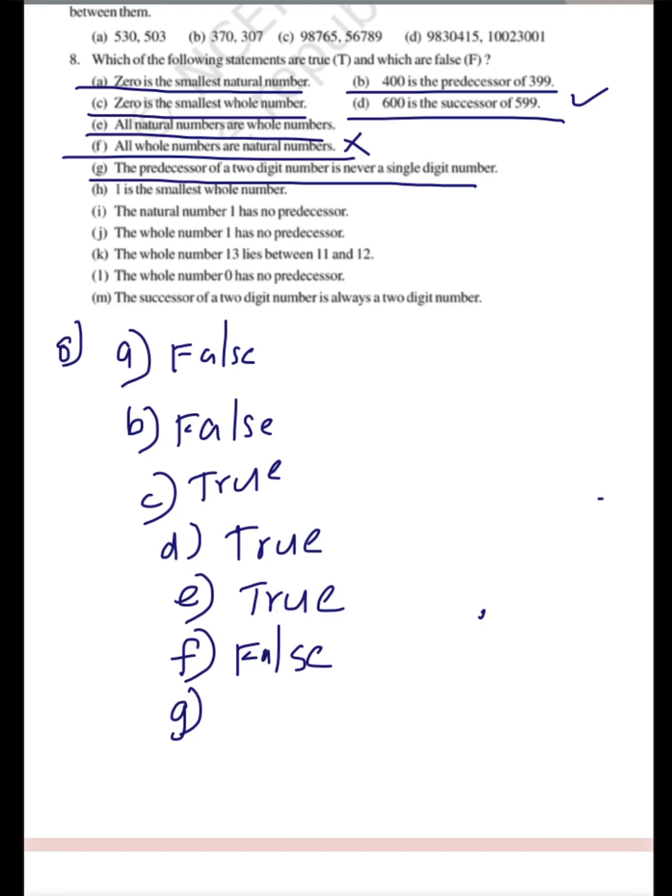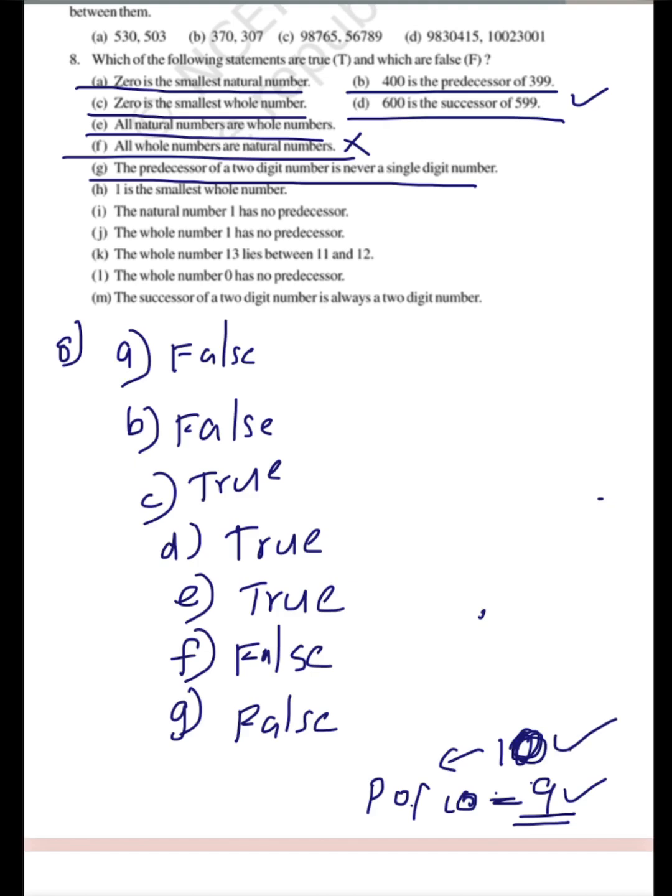Why is it false? Suppose I take the number 10. Here you can see that 10 is a two-digit number: 1, 2. Now what about the predecessor of 10? It is 9, and 9 is a one-digit number.